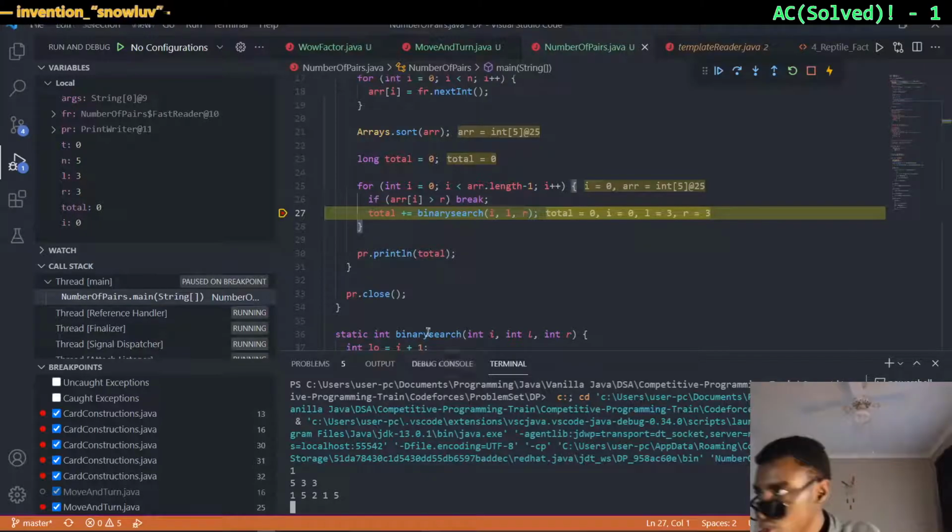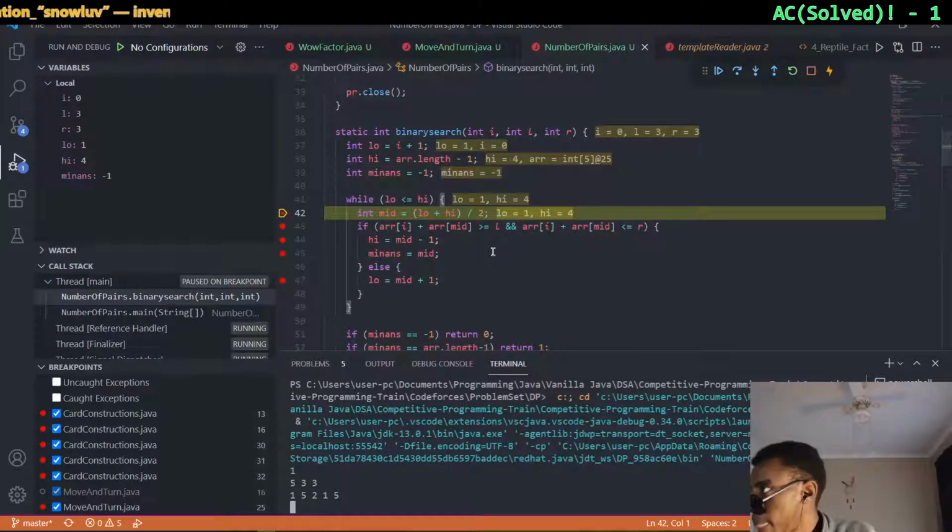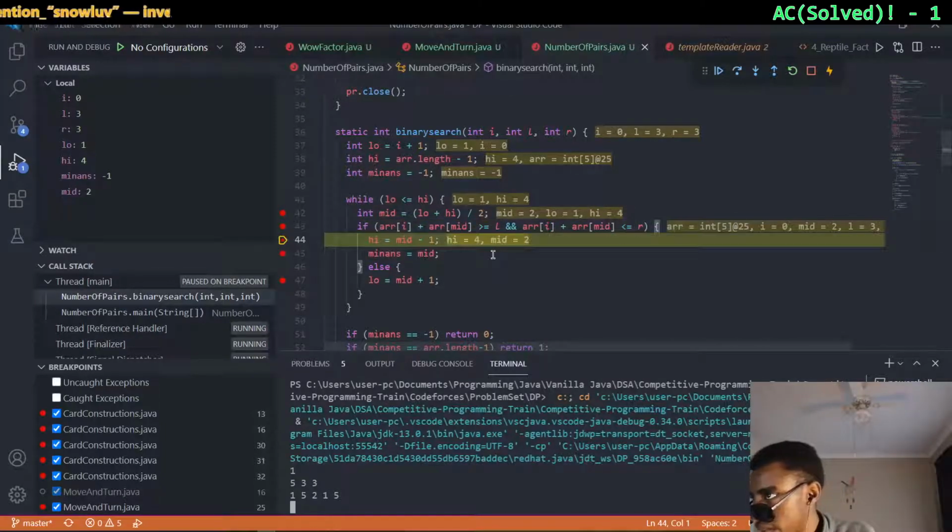Okay, let's have a look. So it should pass. 0, 1, 2, yes. Yeah, 0, 1, 2 should pass.